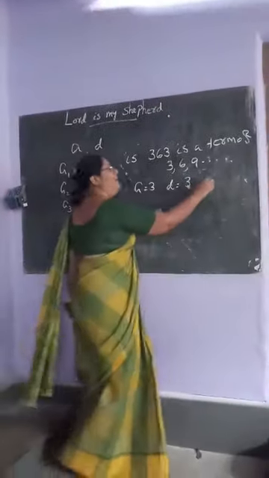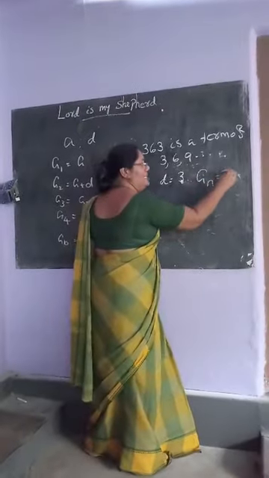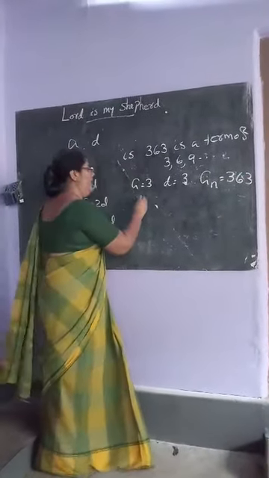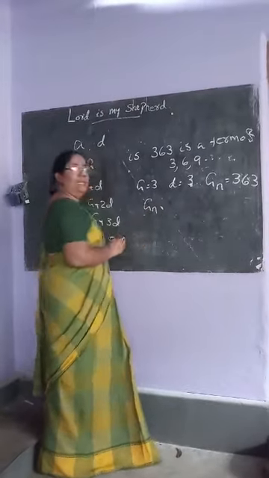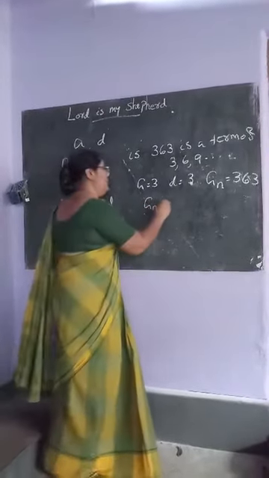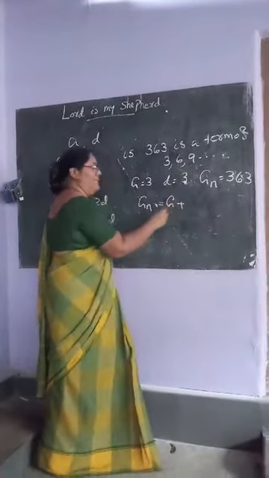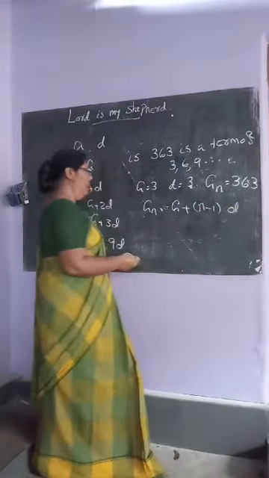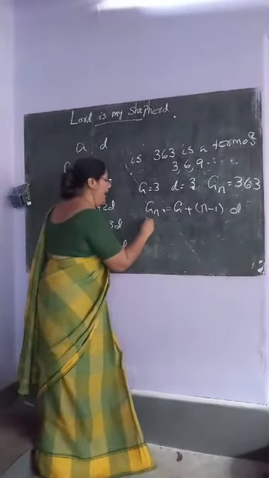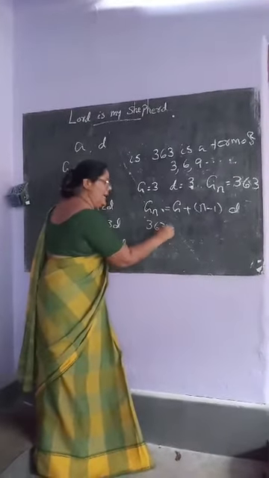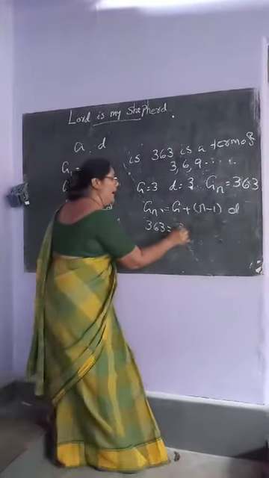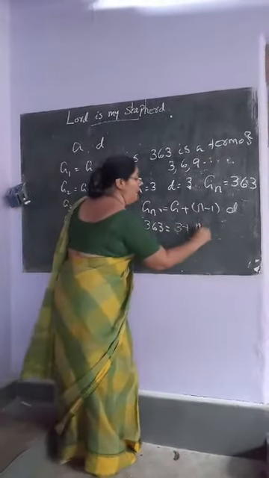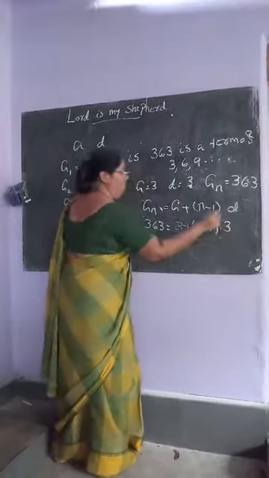For that, we assume that An is equal to 363. Therefore, what's the formula? An is equal to A plus (n minus 1) into D. That is, in place of An, 363 is equal to 3 plus (n minus 1) into 3.